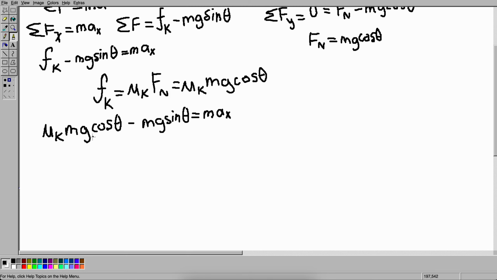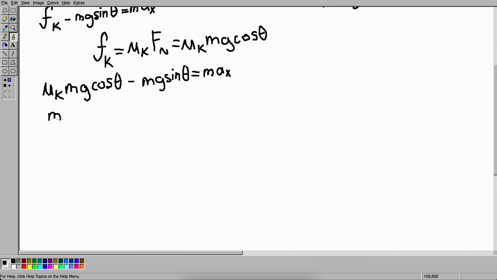We have an mg on both sides here, so we can pull that out: mg times mu sub k cosine theta minus sine theta is equal to max.